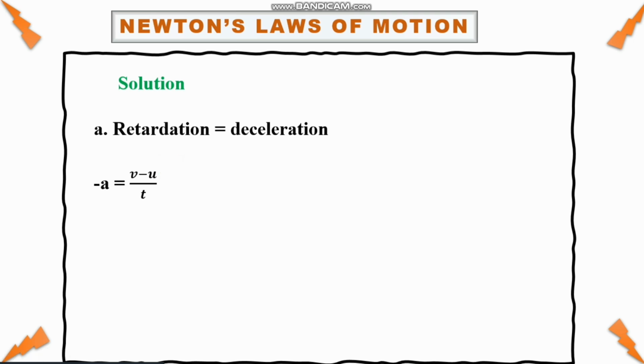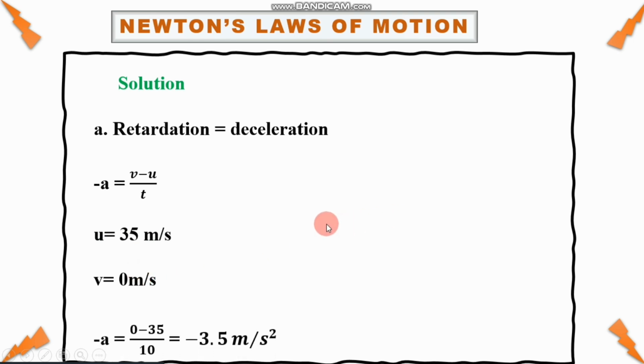Substituting our values in this formula, we get our deceleration to be negative 3.5 meters per second squared. When we have a negative, it means that this car is decreasing its speed. So we are done with the first part of the question.